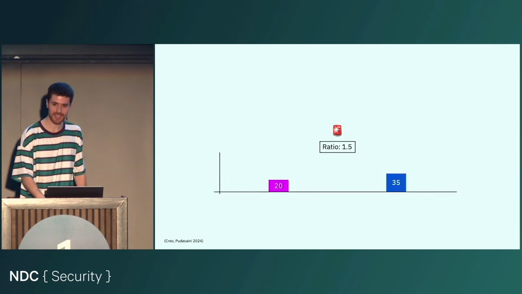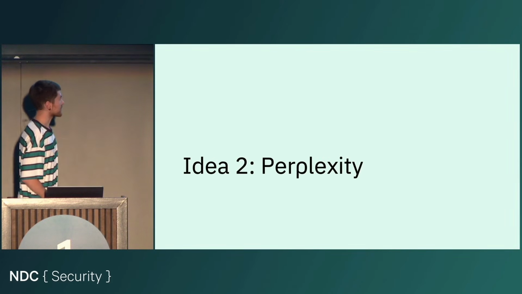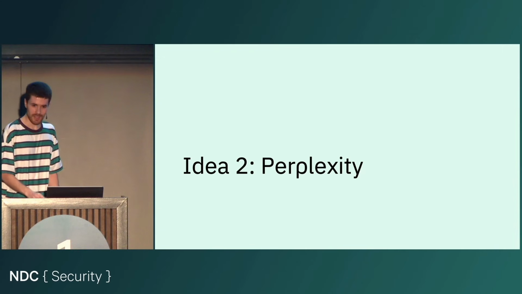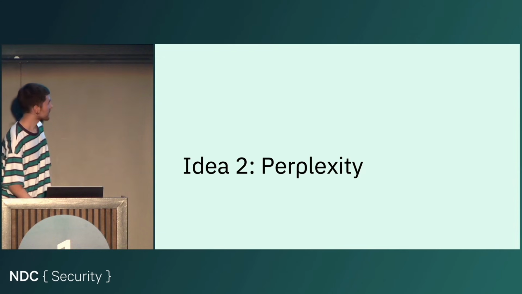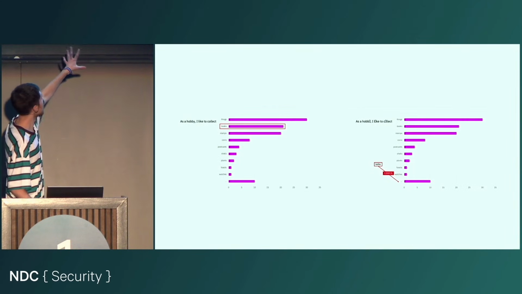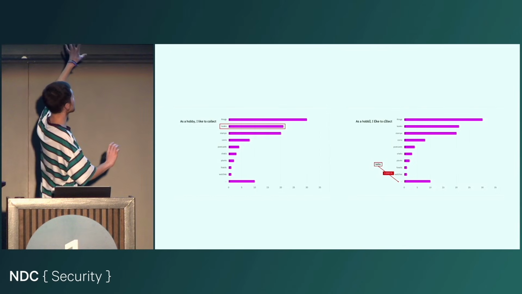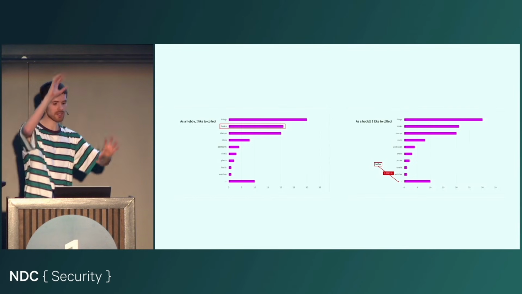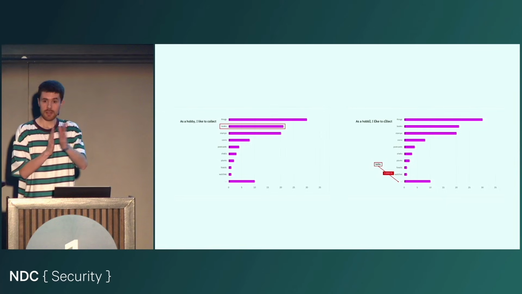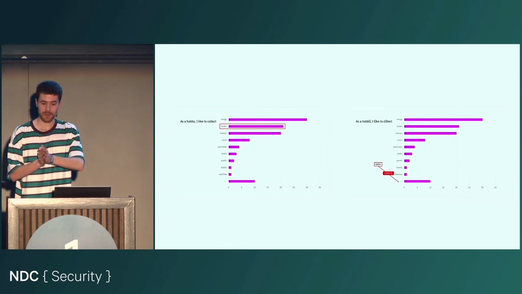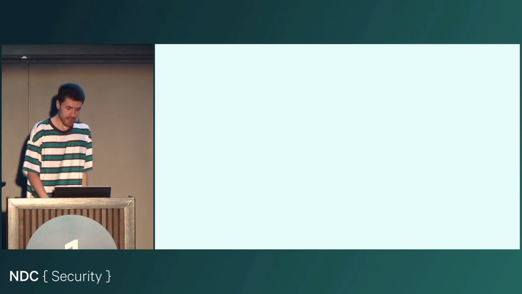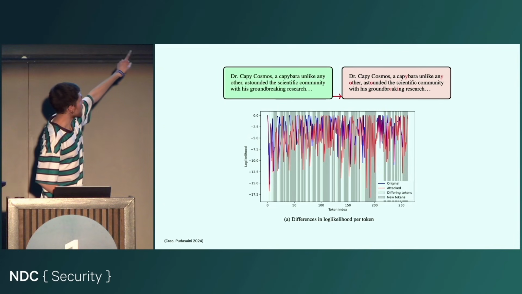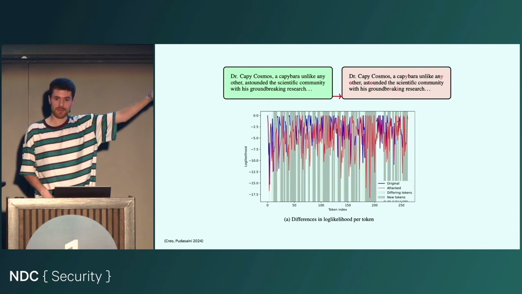Now I'm gonna give you a second idea, which is perplexity. You remember we were talking about this a second ago, right? We had some slides where we were seeing some distributions and we were checking where the words are, etc. So this is what we are gonna do now. Perplexity. Let's take a look at that same sentence here. Okay?